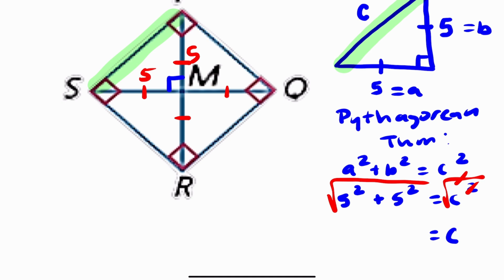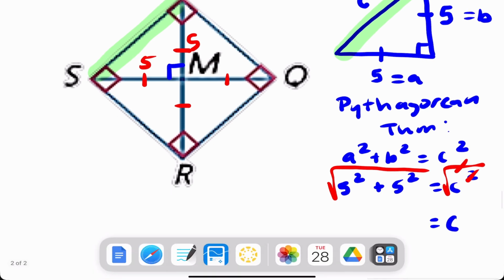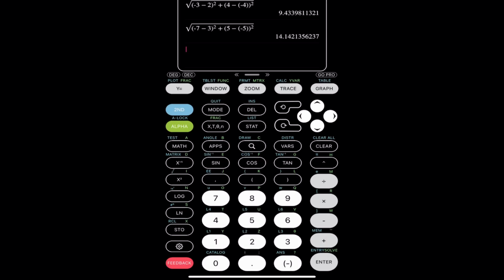And then I have the square root of 5 squared plus 5 squared. Well, I can just put this in the calculator, easy. You press the square root button, and you're going to write 5 squared plus 5 squared. Let me see if I can do that on my calculator here.